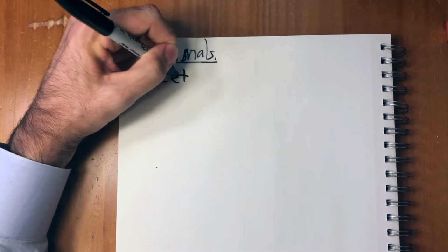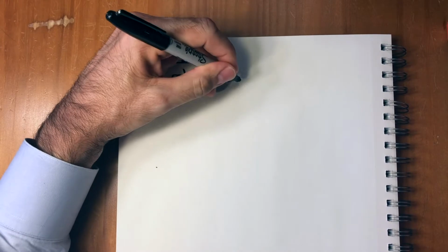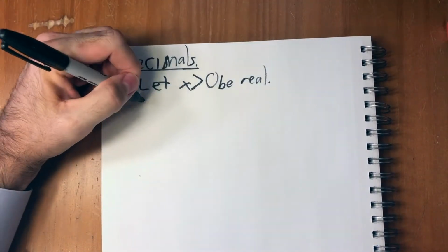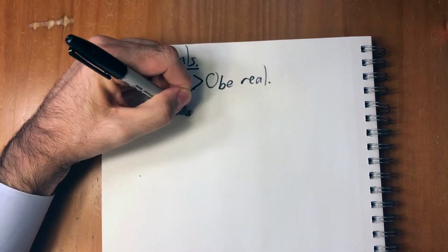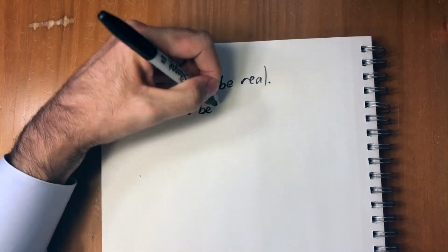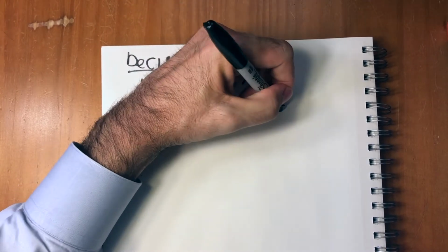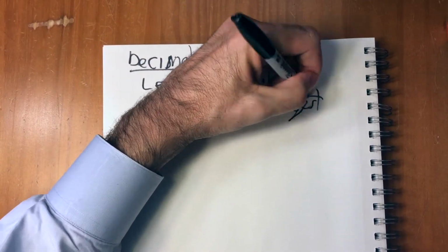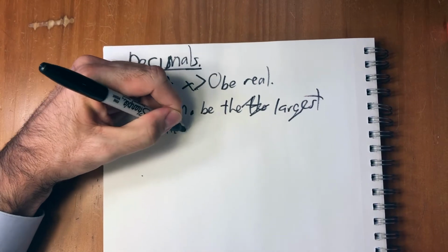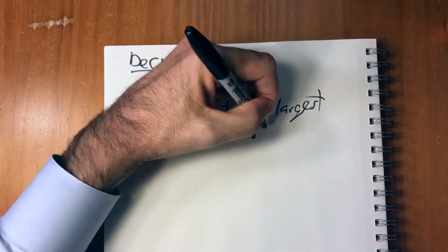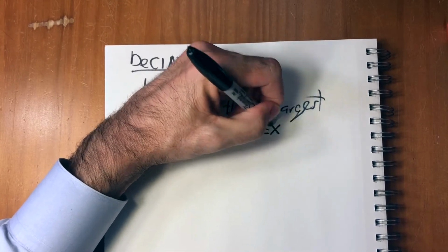So let x be a positive real number. Let n0 be the largest integer such that n0 is less than or equal to x.